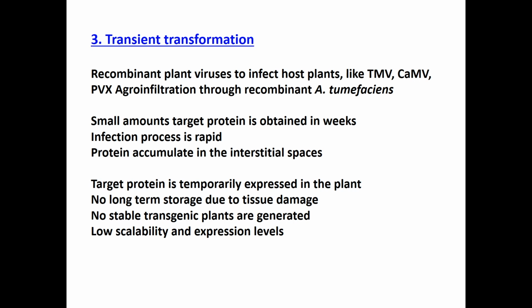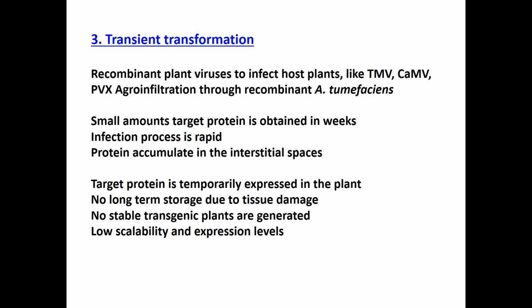This system is preferred when a small amount of target protein is required within a short period. Based on the infection process, we can rapidly isolate the protein accumulated in the interstitial spaces.